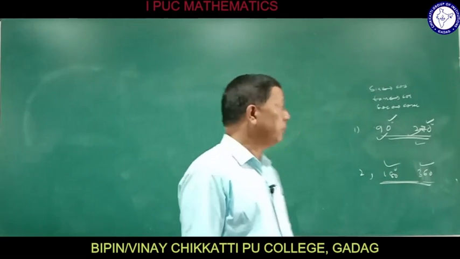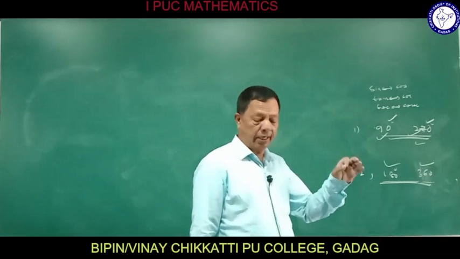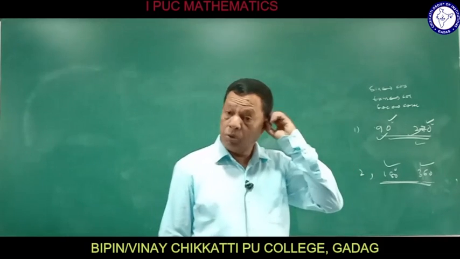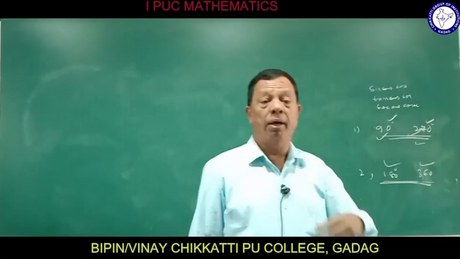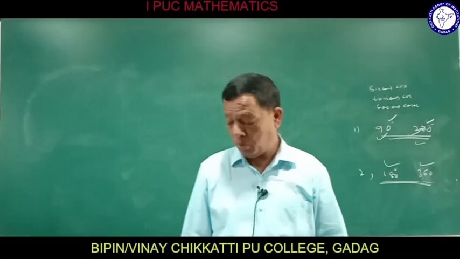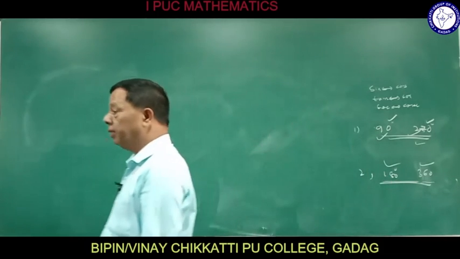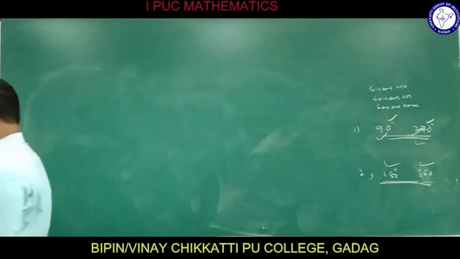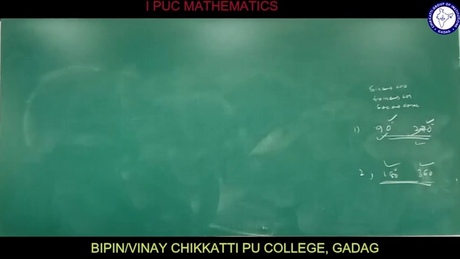So the point is, for 90 and 270 change to co-ratios, and for 180 and 360 the functions remain the same.